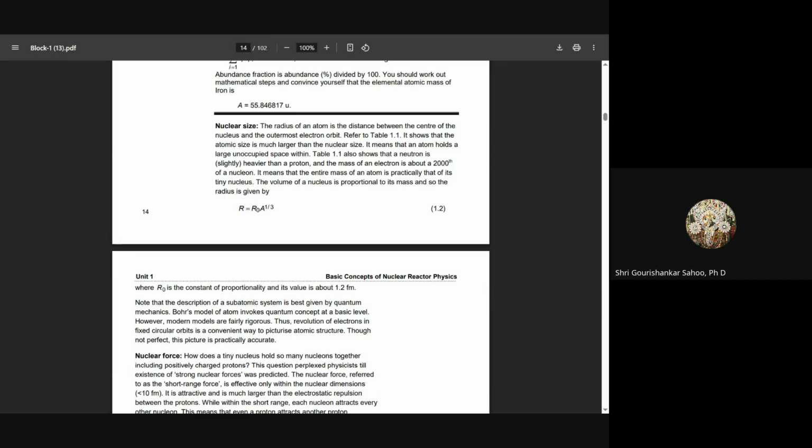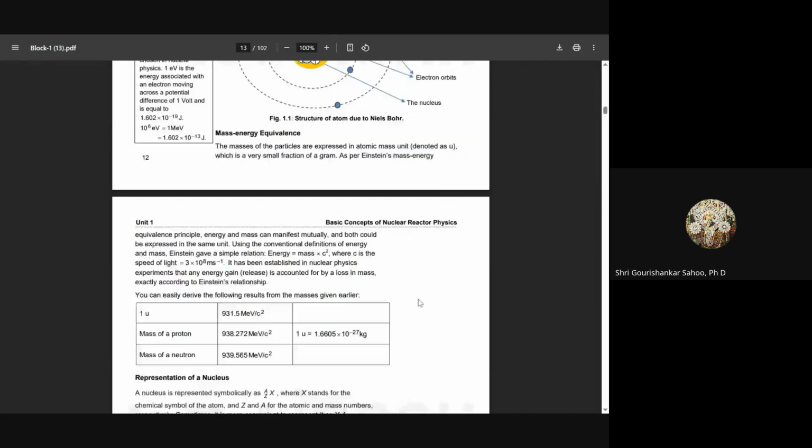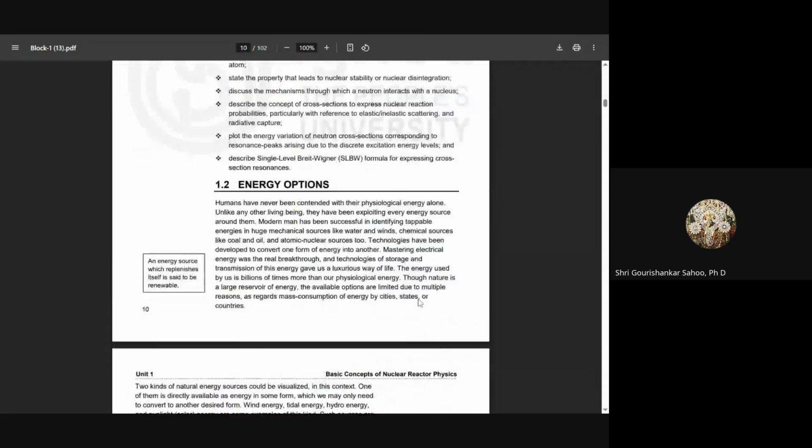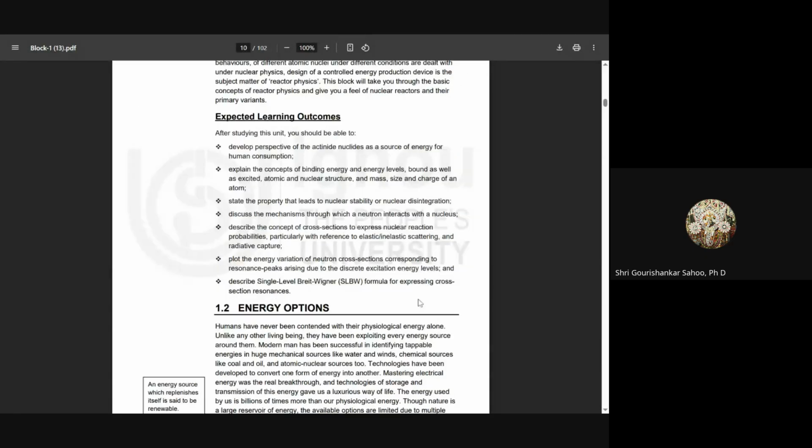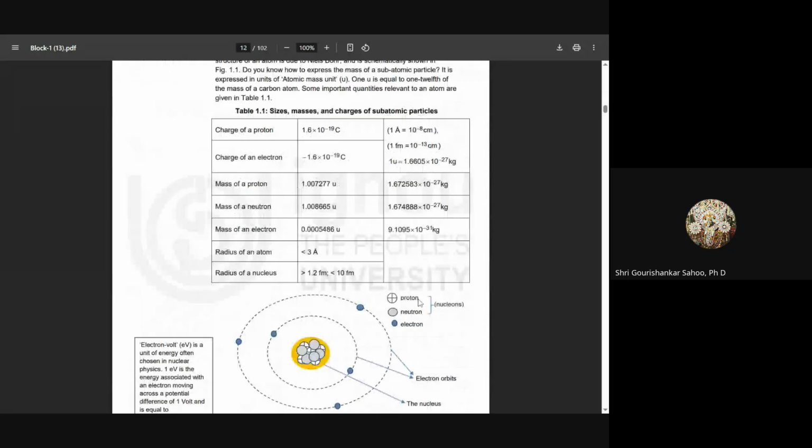And you can see the mass of the electron is around 10 to the power minus 3 times less than that of protons. The electronic mass is 9.1 into 10 to the power minus 31 kg. And the mass of the proton is 1.672583 into 10 to the power minus 27 kg.